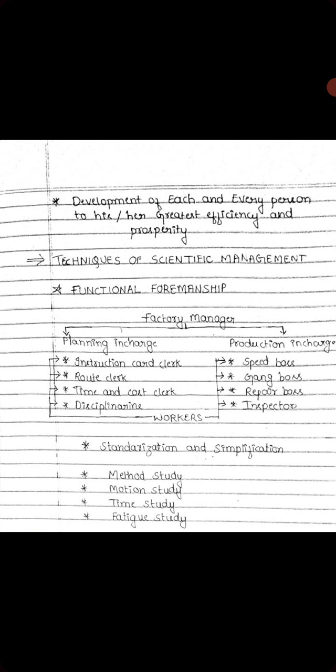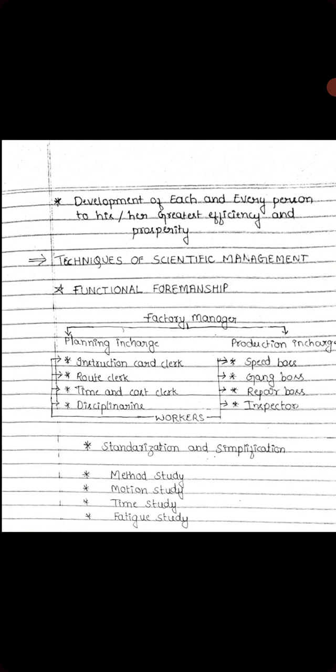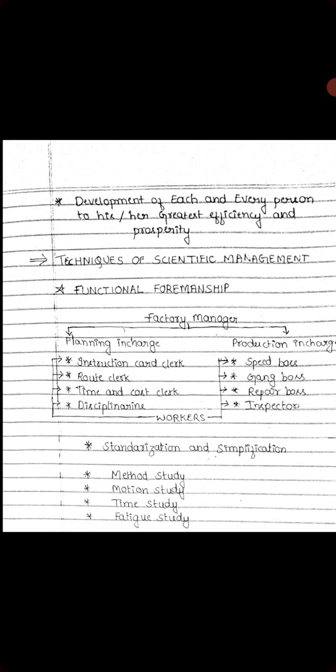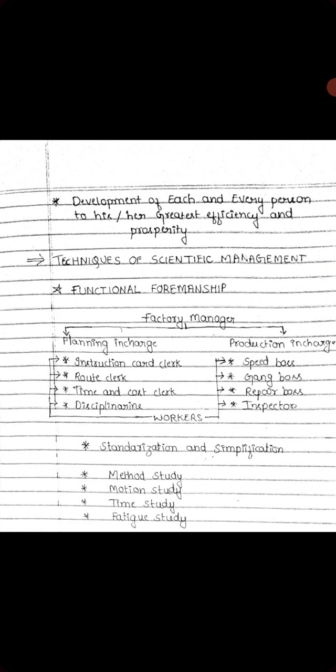So Taylor prepared a chart called functional foremanship. Under this, first is the factory manager. Under the factory manager there will be 2 in charge: one is planning in charge and the second one is production in charge.